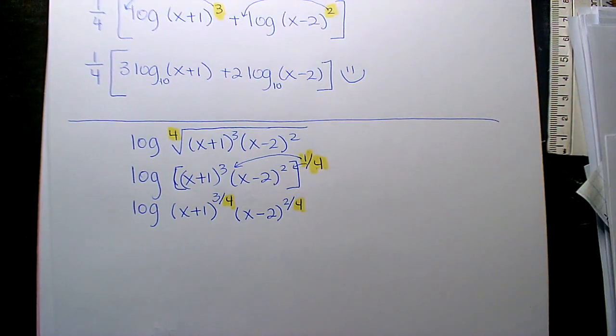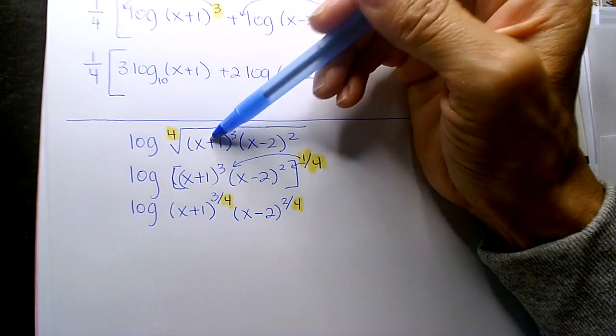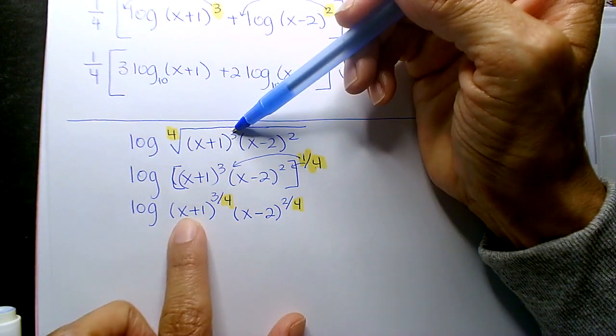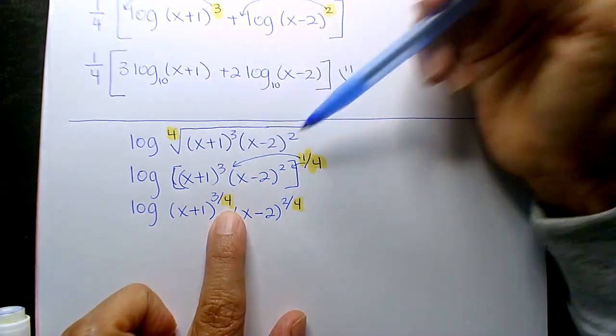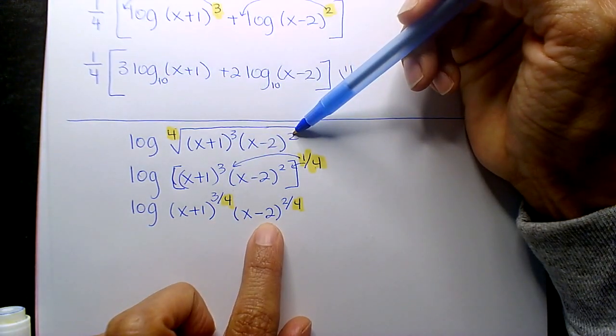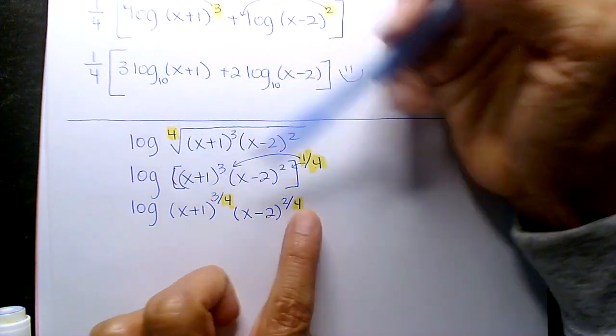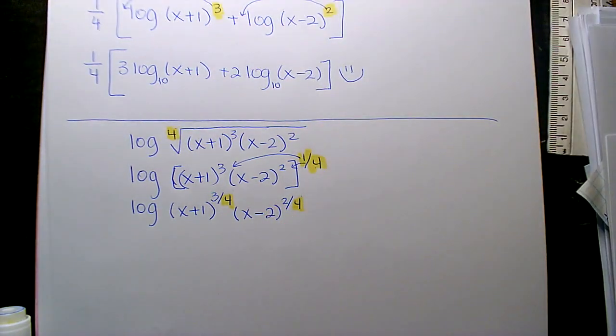Maybe you don't like all the grouping symbols with the brackets, and maybe the brackets kind of confuse you. So you're like, wait, if this is x plus 1 to the 3rd, and that's a base, then I have 3 of them, and I'm in a 4th root. Here I have 2, x minus 2, there's my 2, but I'm in a 4th root. And you can create your fractions from there, and then you don't have the big grouping symbol. And now, what are you going to do?